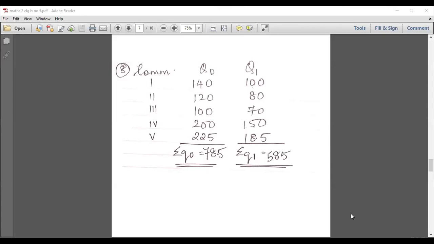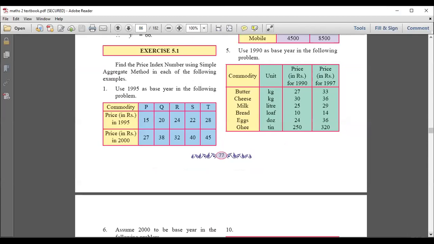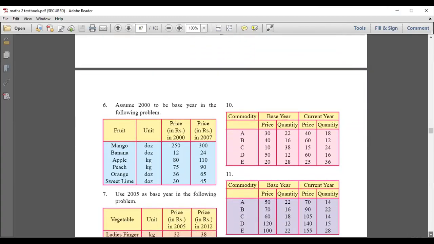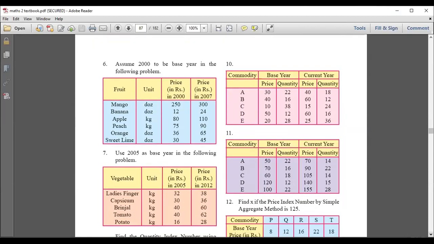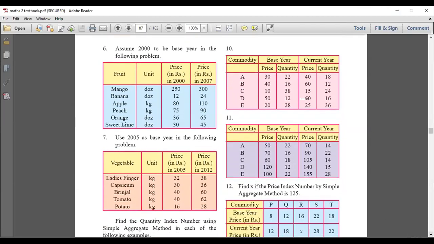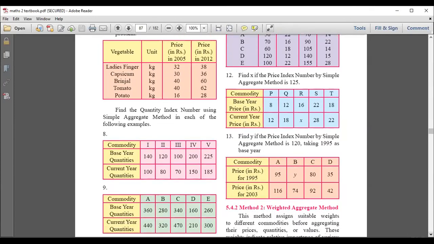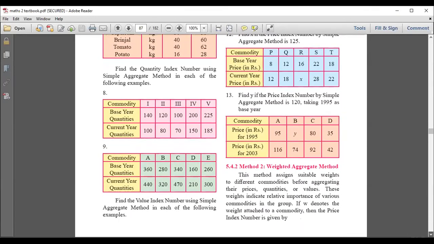Okay, so here is the screen in front of you again. So we are on sums. You can see sum number 5, 6 and 7 are of the same kind: price in 2000, price in 2007, price in 2005, price in 2012. So this you can practice and see whether you followed the concept or not. So here is question number 8.